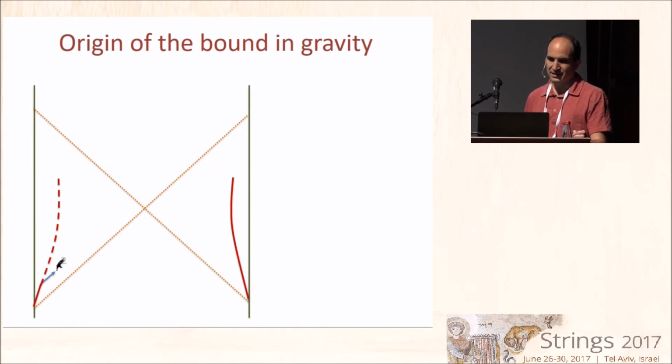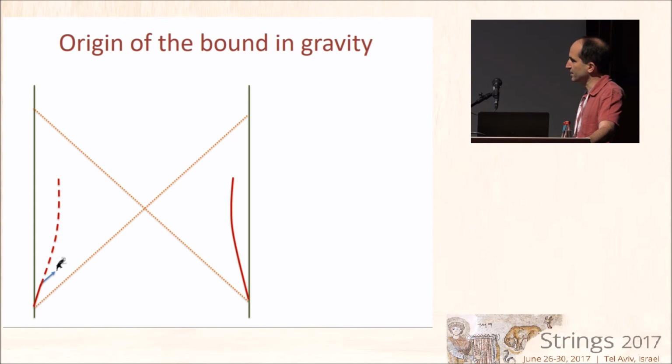Now, let me just briefly discuss the origin of this bound from the gravity point of view. So imagine you have the left boundary, and now you send some information. We're going to do the same procedure as before, but now we are trying to send a lot of information.